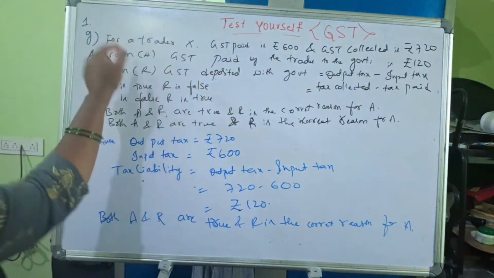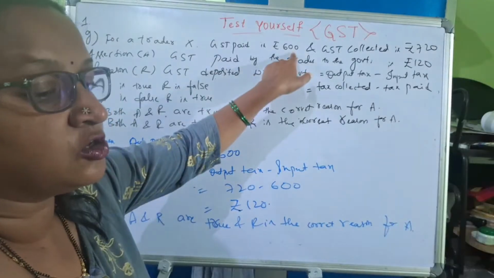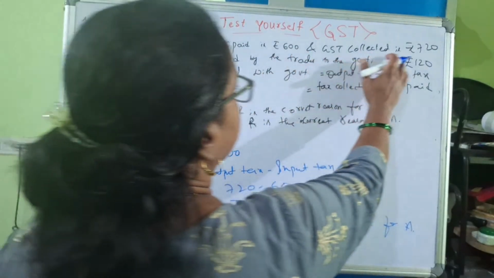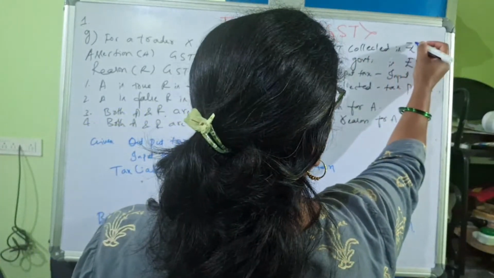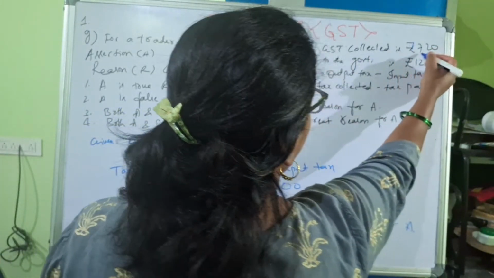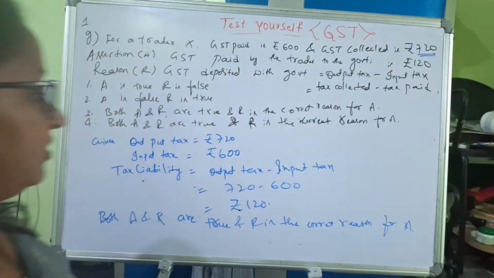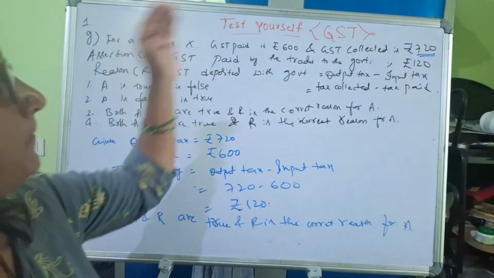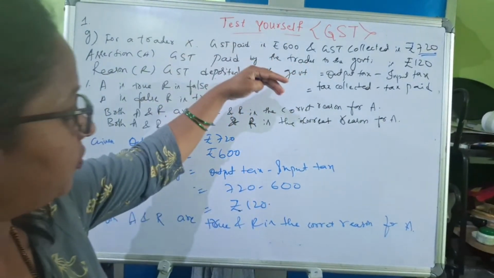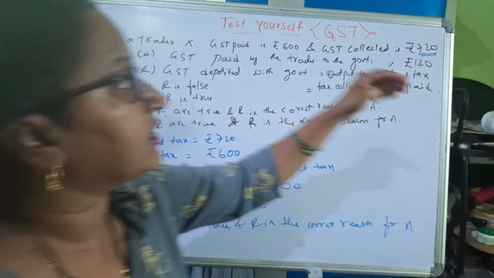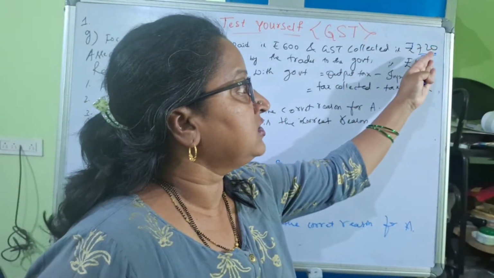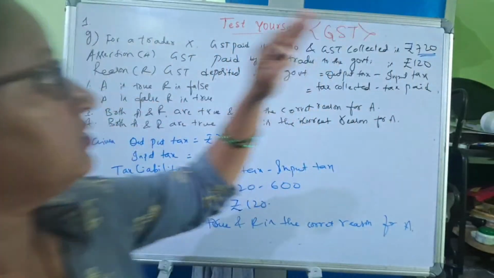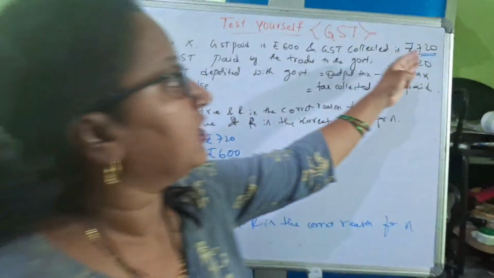The GST collected is rupees 720, which is the output tax.